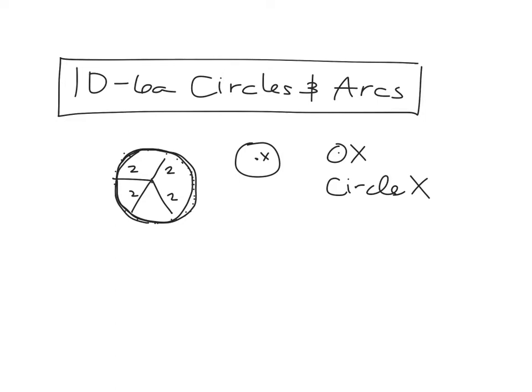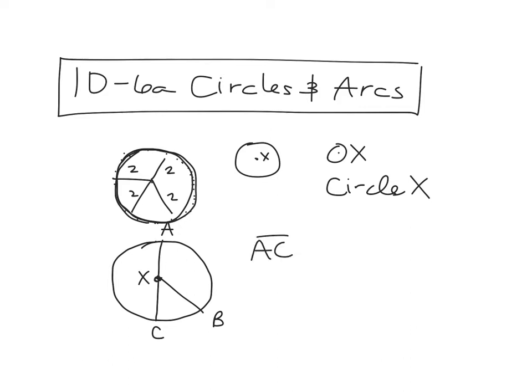And then there's different parts to a circle. There are radii and diameters, and I'm going to show you that with this picture. So this is A, C, B, and X, okay? Do you know the difference between a radius and a diameter? The radius is half, the one goes all the way across. So diameter goes all the way. So AC, that's a diameter.